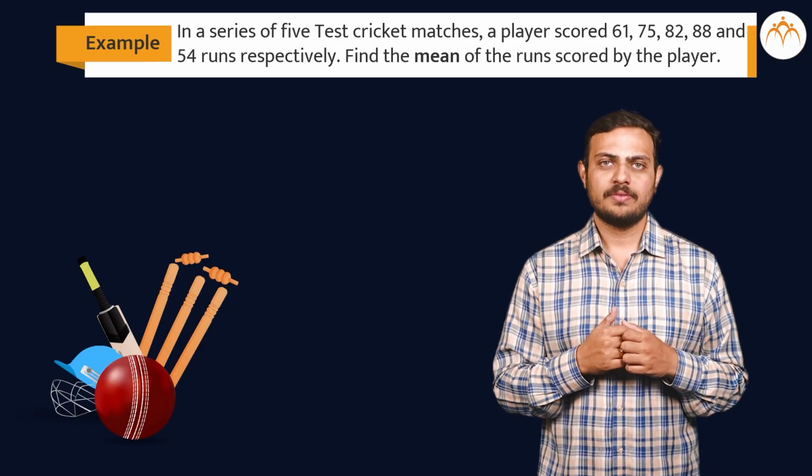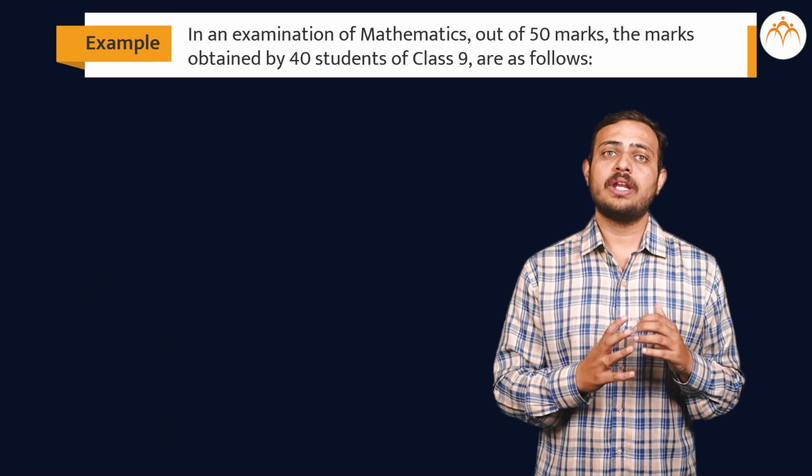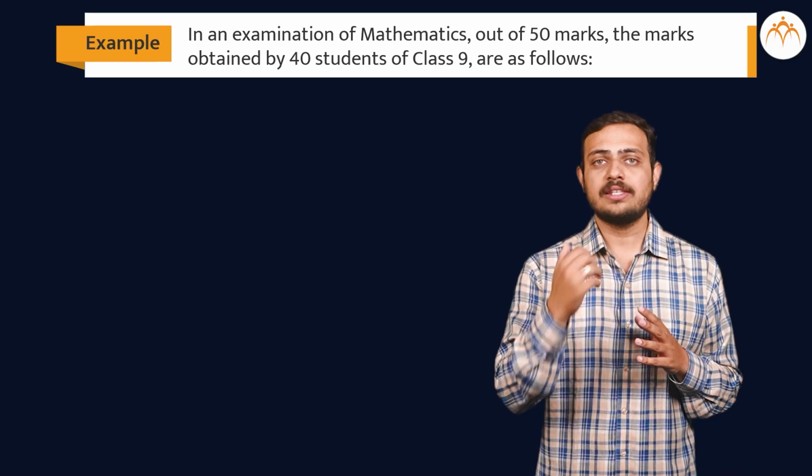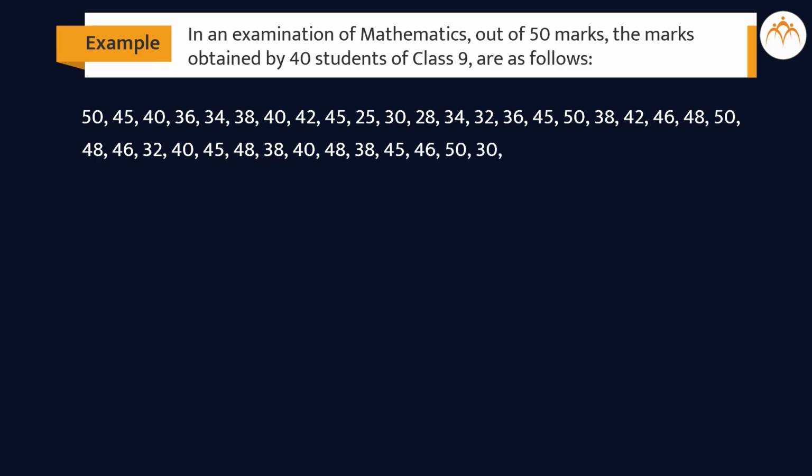Let's study an example. In an examination of mathematics, out of 50 marks, the marks obtained by 40 students of class 9 are as follows: 50, 45, 40, 36, 34, 38, 40, 42, 45, 25, 30, 28, 34, 32, 36, 45, 50, 38, 42, 46, 48, 50, 48, 46, 32, 40, 45, 48, 38, 40, 48, 38, 45, 46, 50, 30, 32, 34, 34, 42.